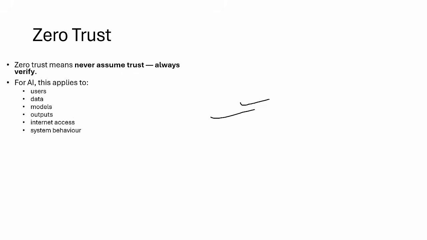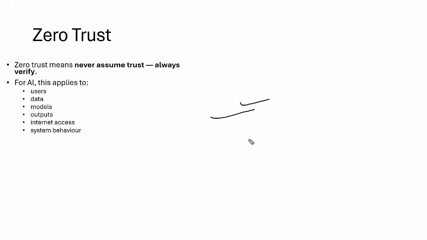Next is called zero trust. You will get one or two questions on zero trust also, which is very, very important. It's very important to know zero trust from the AI context, because zero trust was introduced since identity is a new parameter and people are joining from multiple locations.